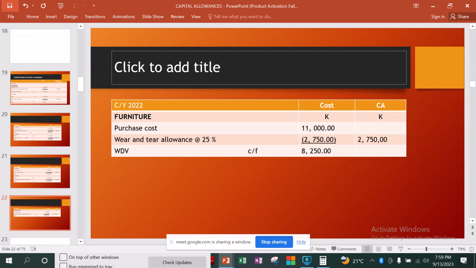What we have also learned is that these qualifying expenditures for capital allowance purposes are to be calculated separately. They are never aggregated. You can see motor vehicles, all these are implements. There is no way you can aggregate the values and then calculate one value for capital allowance. You have to handle them separately, one by one. So that's what we have demonstrated.